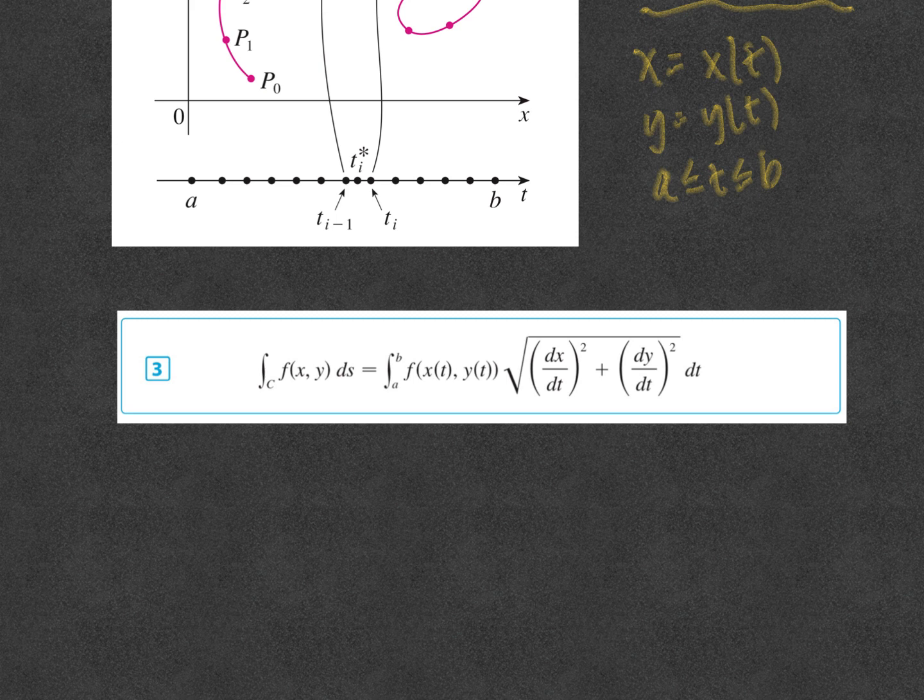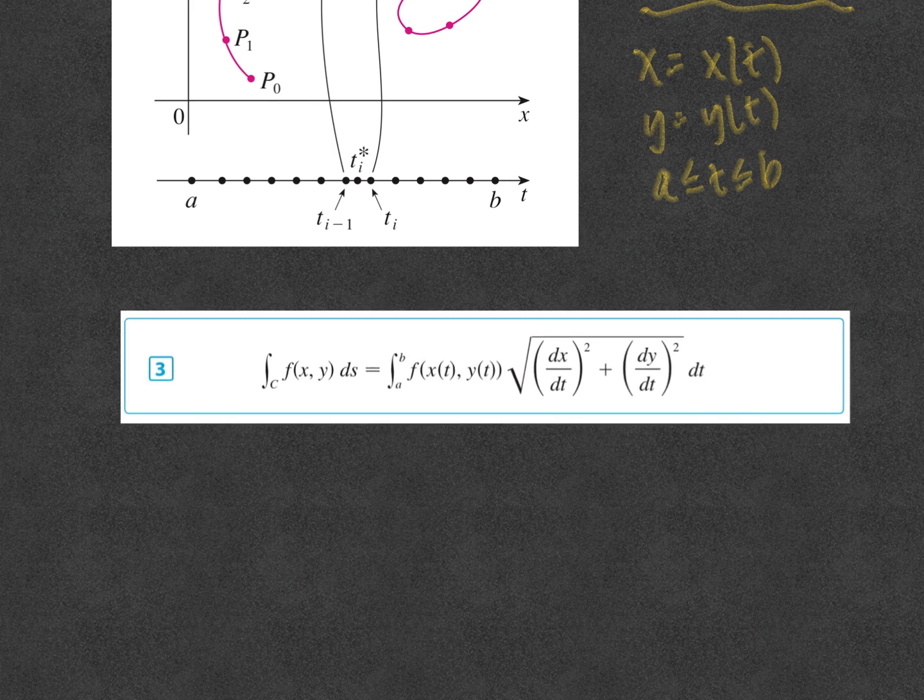So we say the integral over the curve of f of x, y, ds is equal to the integral from a to b of f of x of t, y of t, and then you have the arc length we learned back in polar and parametric equations. So we have the square root of dx over dt squared plus dy over dt squared. This integral is not hard. You just have to use it in terms of parametric equations.